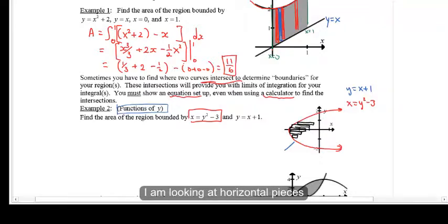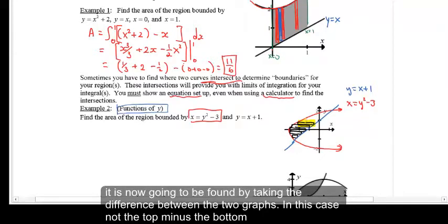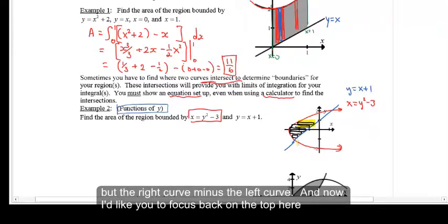I am looking at horizontal pieces. And to figure out the height, I guess you can say, of the rectangle, that horizontal height, it is now going to be found by taking the difference between the two graphs. In this case, not the top minus the bottom, but the right curve minus the left curve.